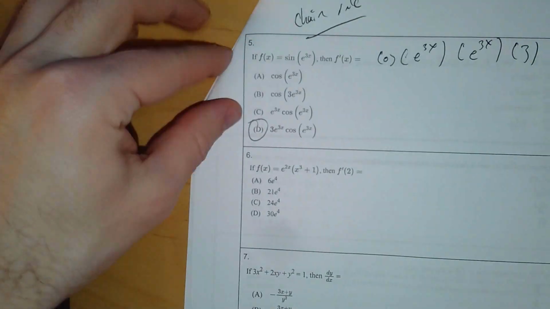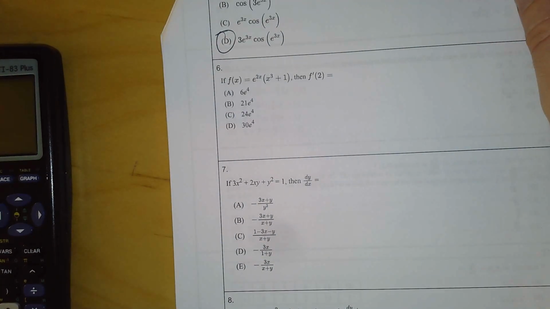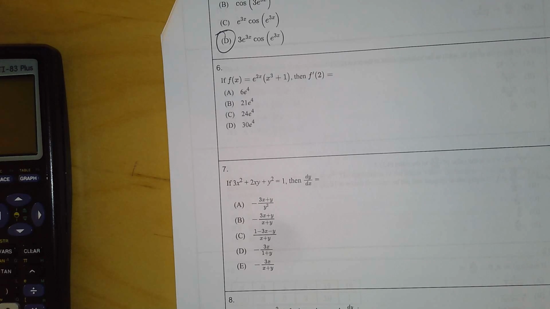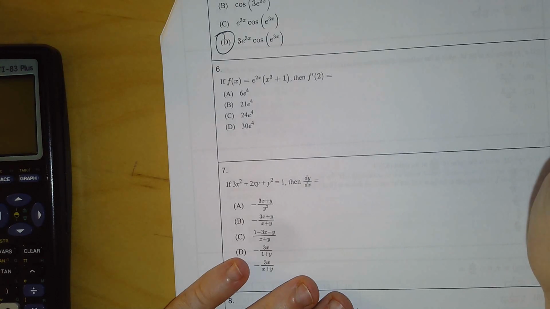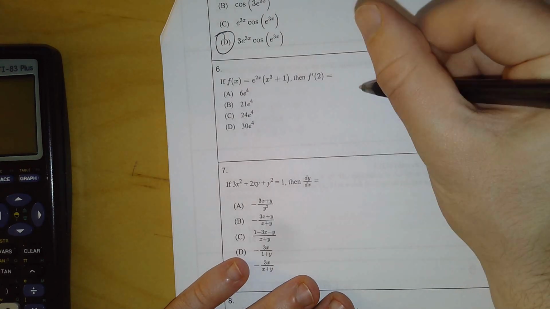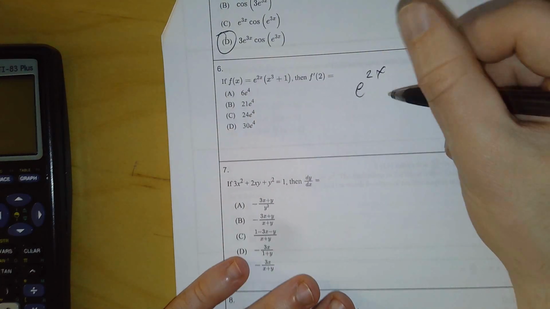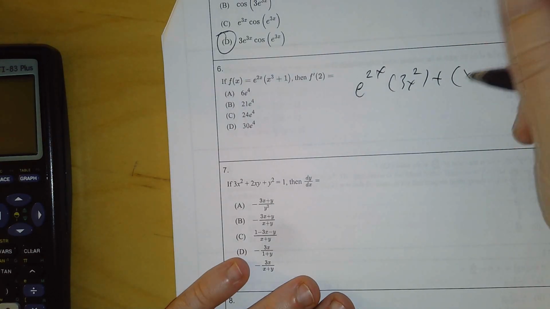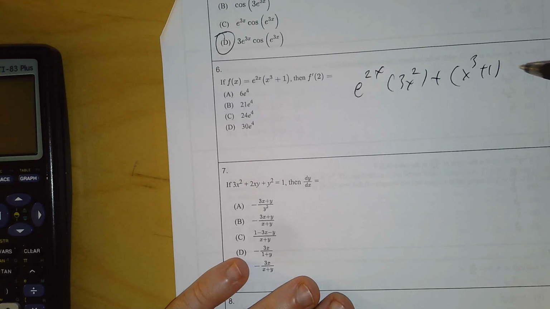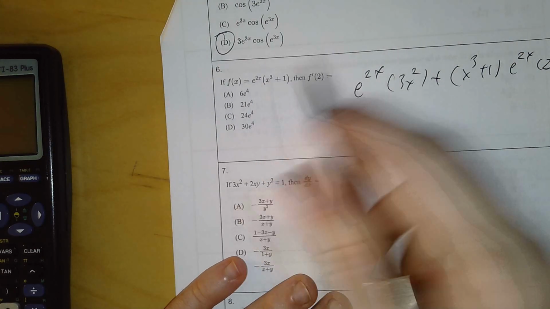Okay. All right. 6. This is the last of the e, ln exponential kind of problems. Product rule. Lefty d right plus righty d left. Left, e to the 2x, d right, 3x squared, plus right, x to the third plus 1, d left, e to the 2x times 2, right? Derivative of the outside times the derivative of the inside.